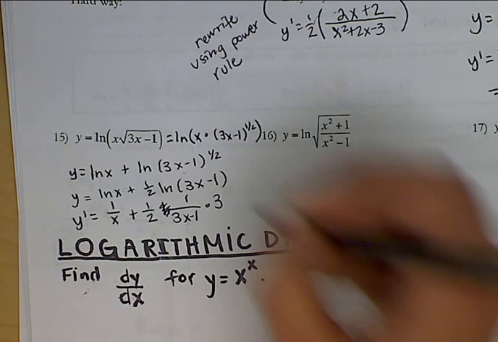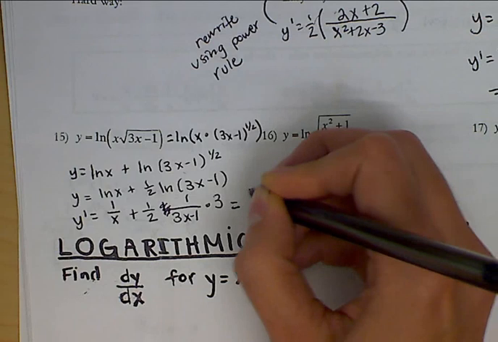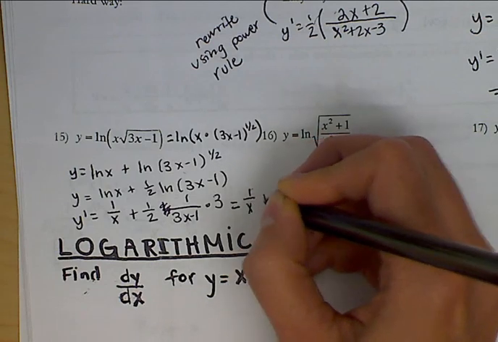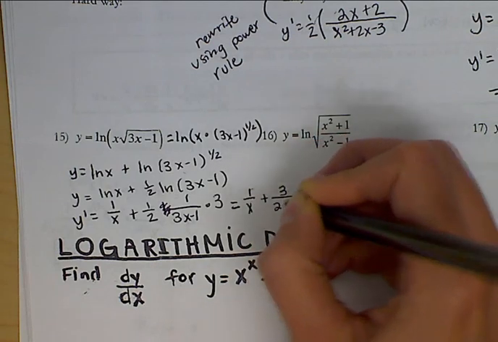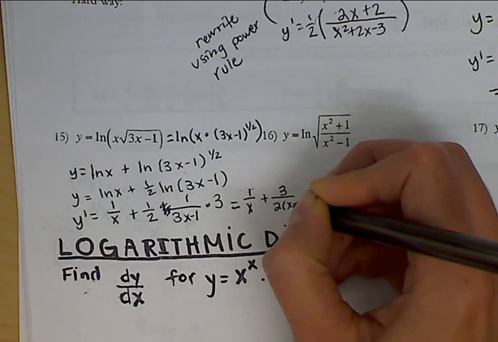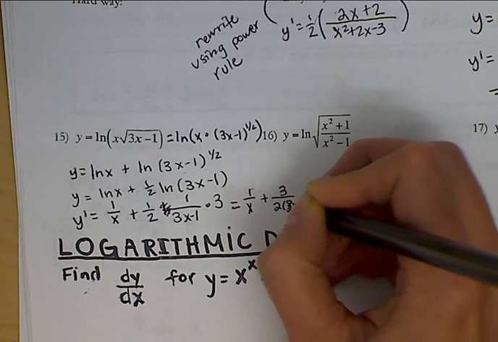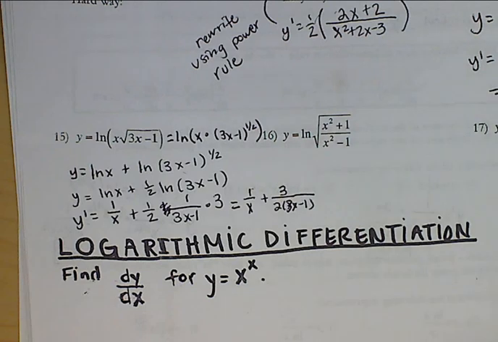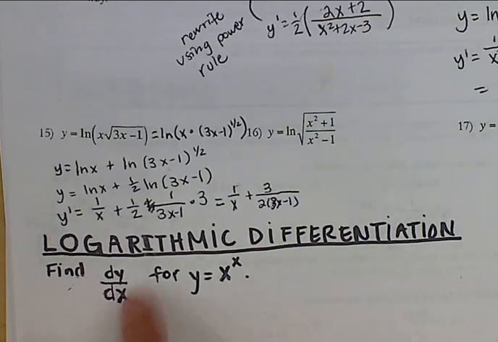So just to simplify a little more, it's 1 over x plus 3 over 2 times 3x minus 1. So I just kind of combined terms here.